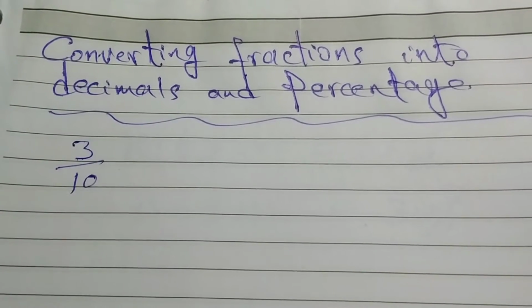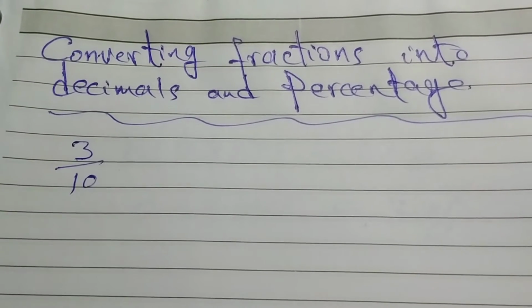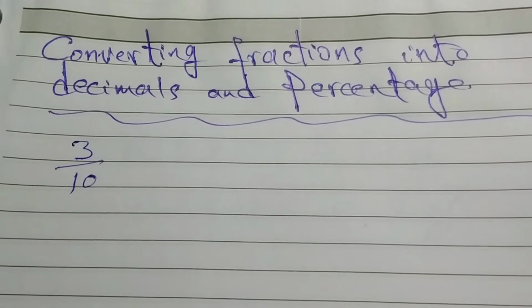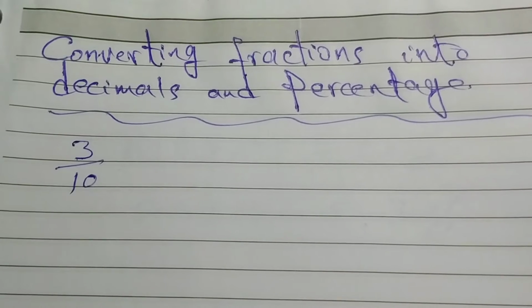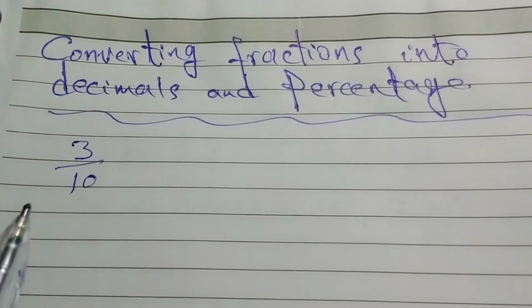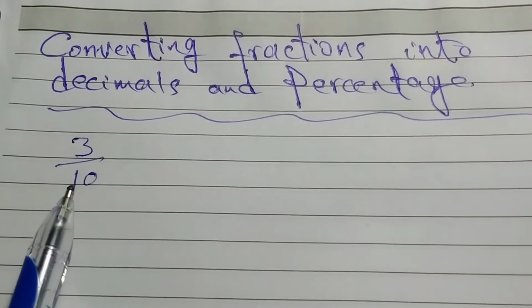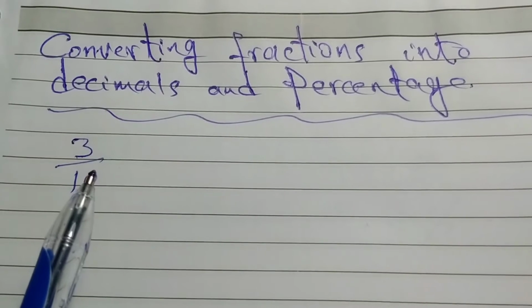First decimal, it has more techniques, but easy, don't worry. If you learn how to convert fraction to decimal, then the percentage will be a piece of cake for you. So my dear, we have a fraction 3 over 10. How to convert it into decimal?